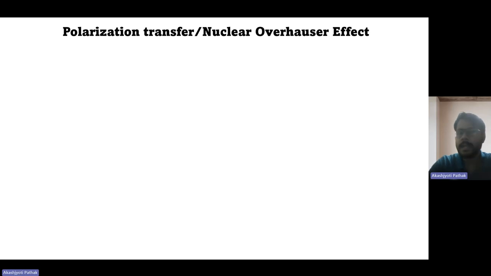So we will start. The first concept that was discussed in this week was related to the last topic of last week's lecture, that is the polarization transfer, also known as nuclear Overhauser effect. In last week's class, the nuclear Overhauser effect was only mentioned, and further details on it were not covered.